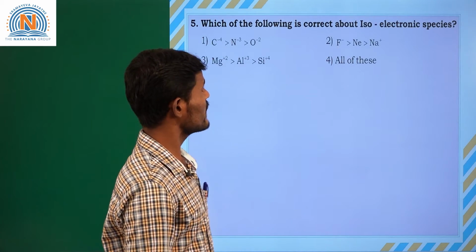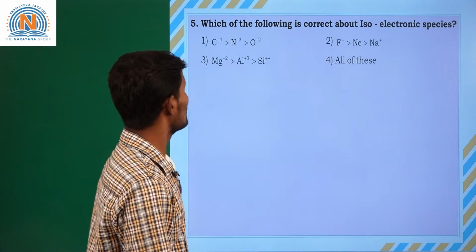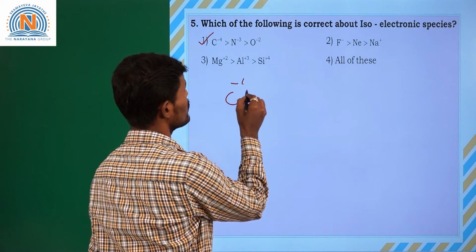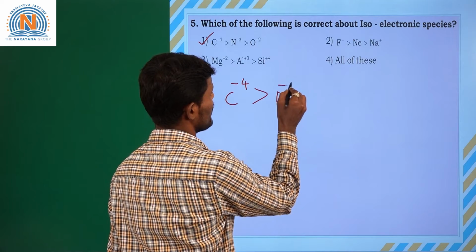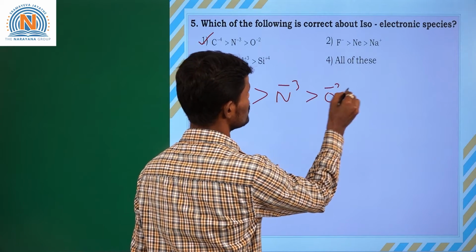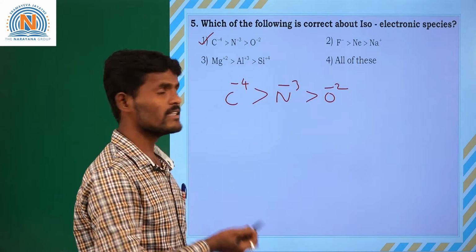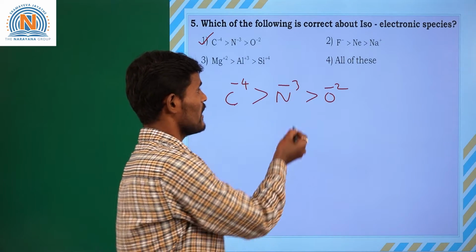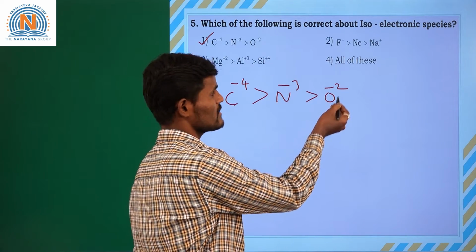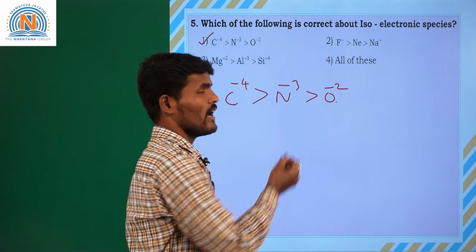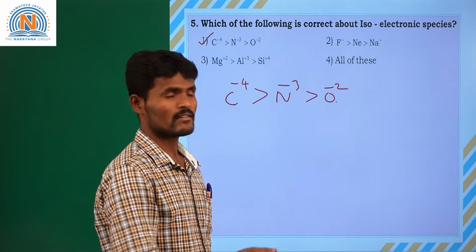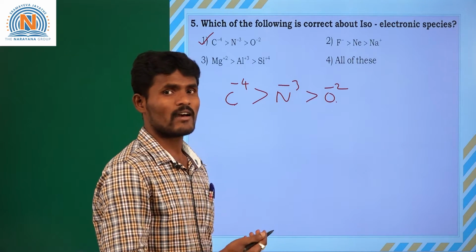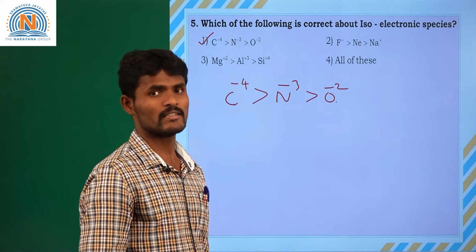Which of the following is correct about isoelectronic species? See here, first the first option, carbon -4, nitrogen -3, O -2. Here the size of carbon -4 is more than nitrogen -3, and nitrogen -3 is more than oxygen -2, because as the negative charge decreases, the radius or size of the ion also decreases.